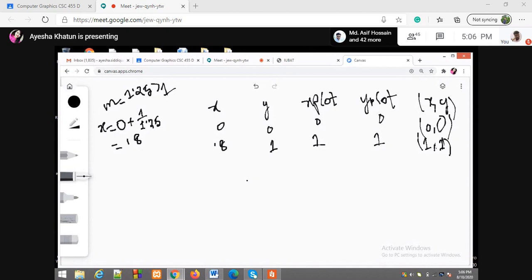And since you got 5 or above 5, in that case you will take the upper value. That is why, since it is 0.8, I will take 1. If it was, let's say, 0.2, in that case it would be 0. If you just start from 5, then you take the upper value.